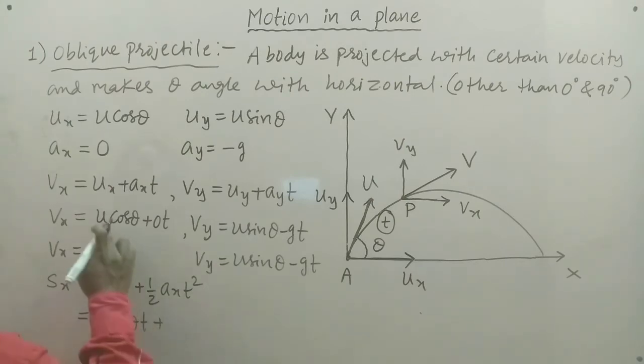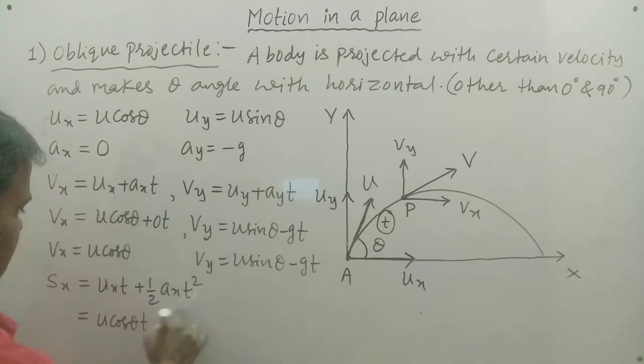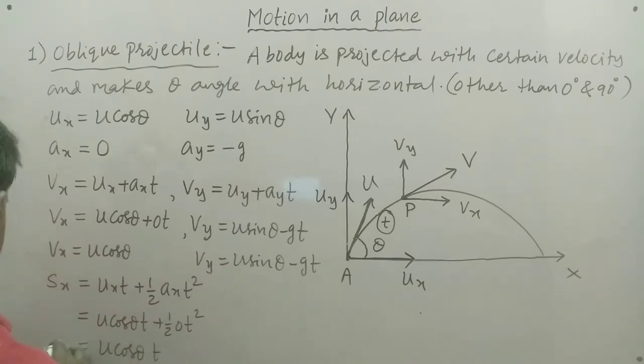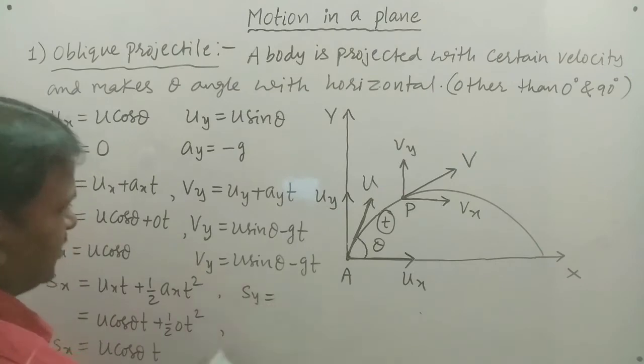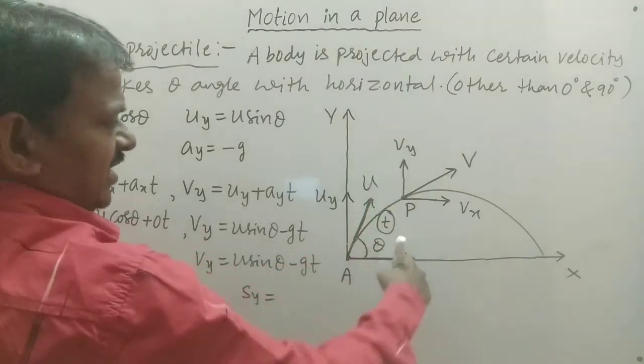Ax is 0, so this term becomes 0. So it becomes u cos theta into t. This is Sx.